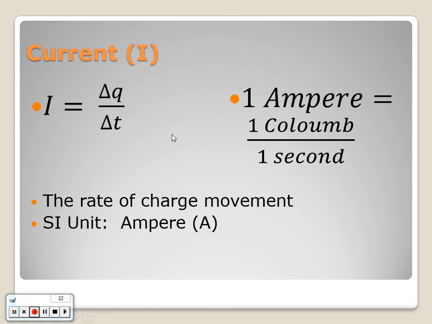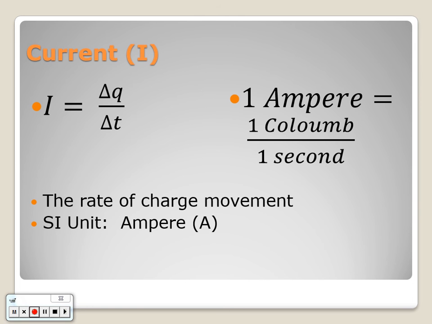The SI unit for current, the rate of charge movement, is the ampere. If we think about our definition of current, the rate of charge movement, hopefully that makes sense. All right, good there? We okay with how we define current?